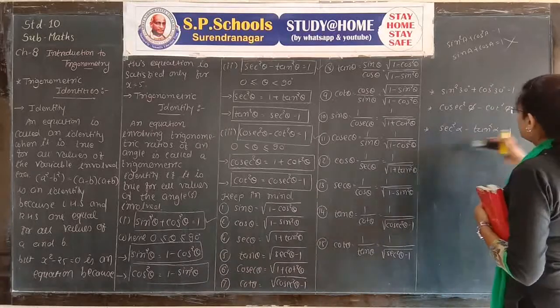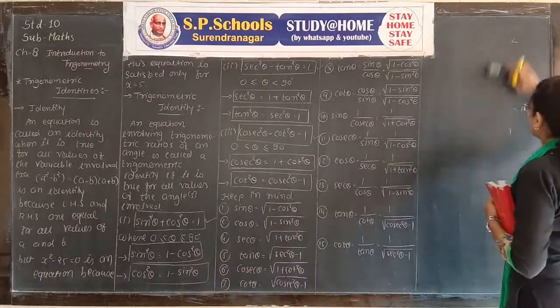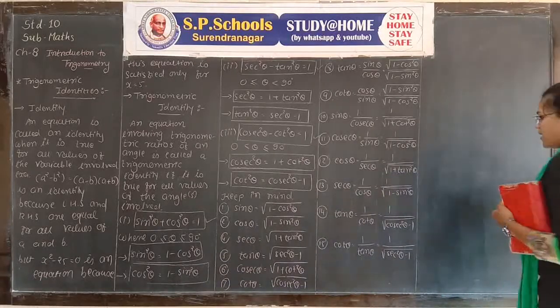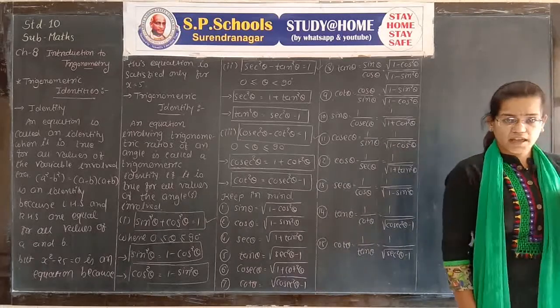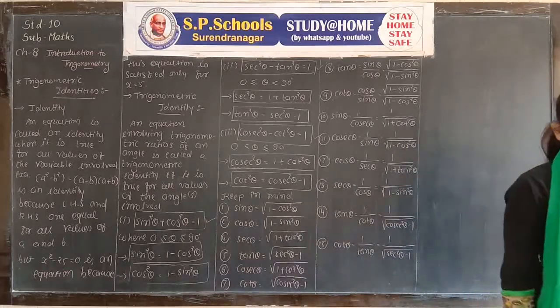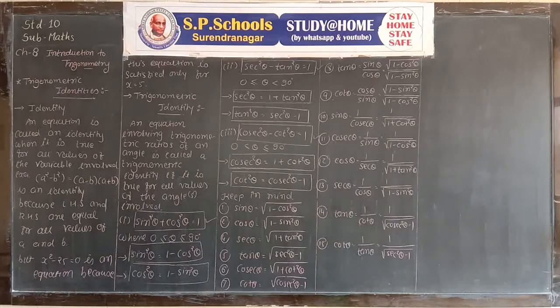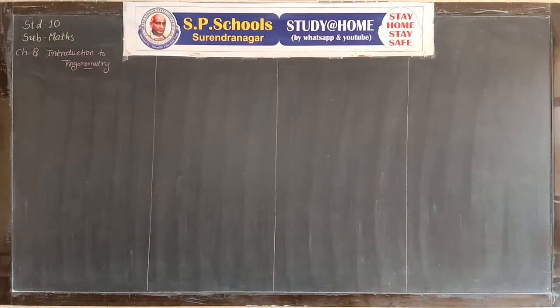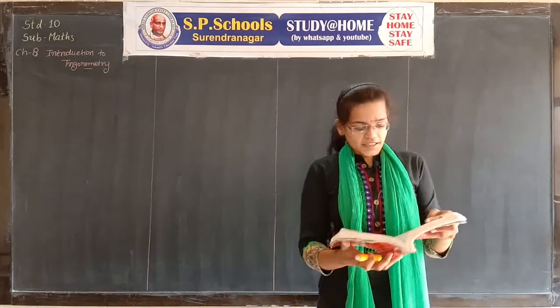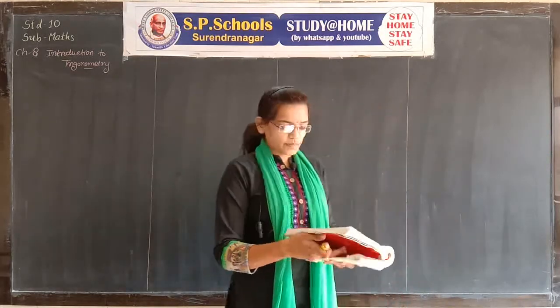So keep in mind these three identities for our next exercise and the examples. Now we discuss examples from the textbook. Let's see the examples from the textbook.